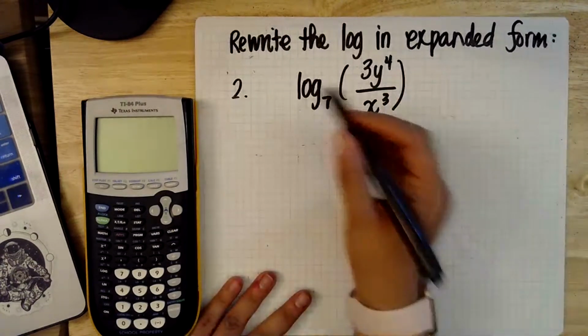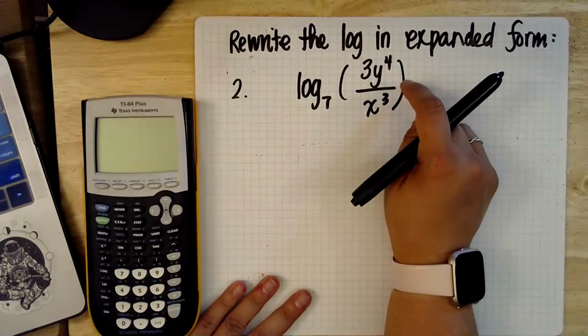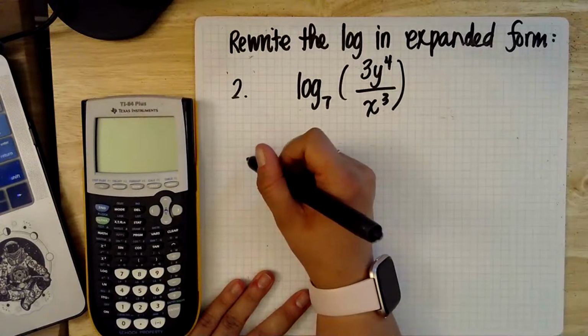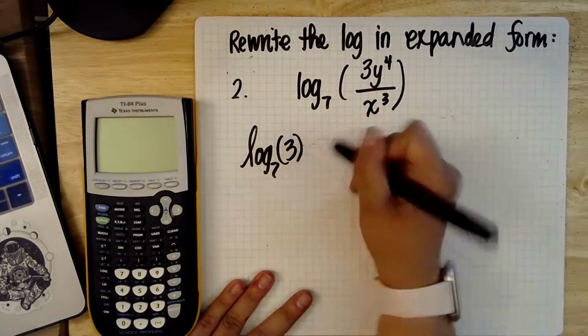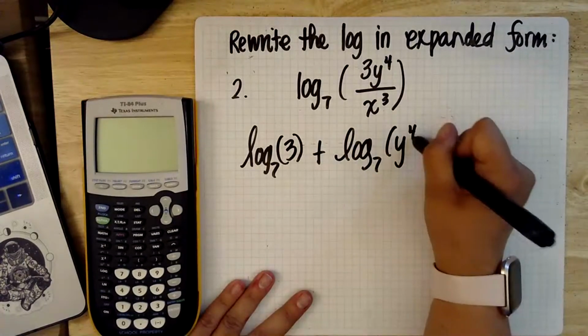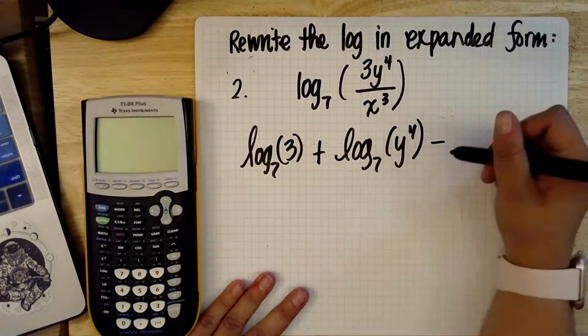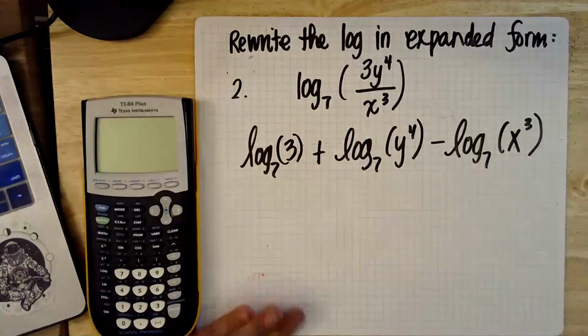So I recognize that that product is going to be plus, but there's also division, so there's going to be a minus. So this is going to be log 7 of 3 plus log 7 of y to the 4th minus log 7 of x cubed.